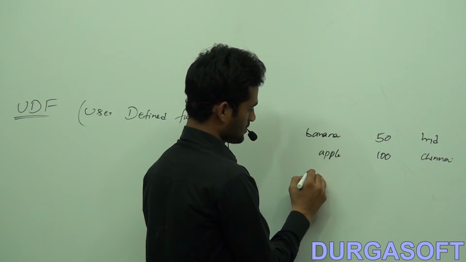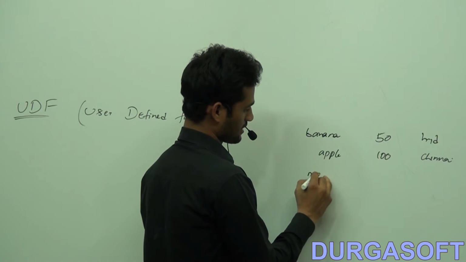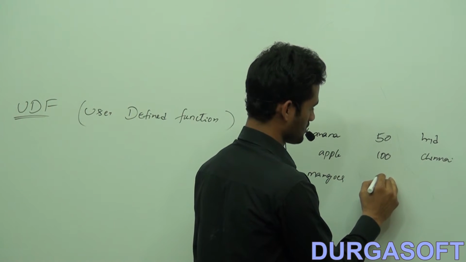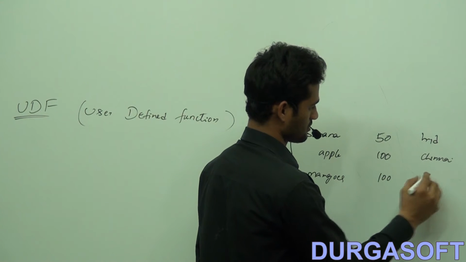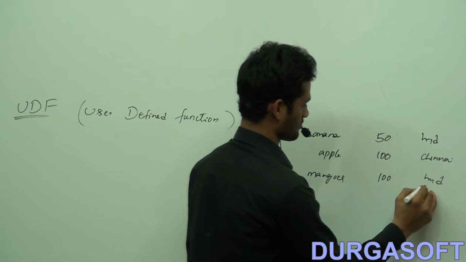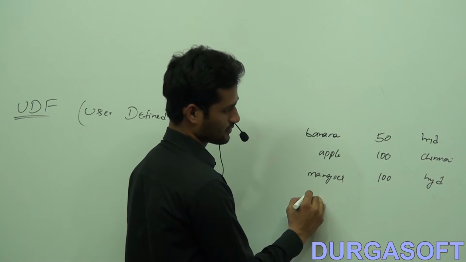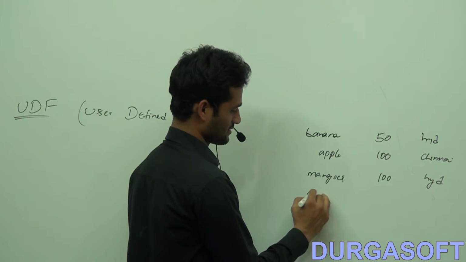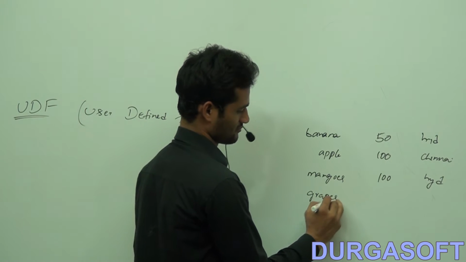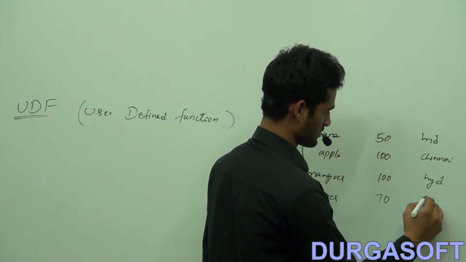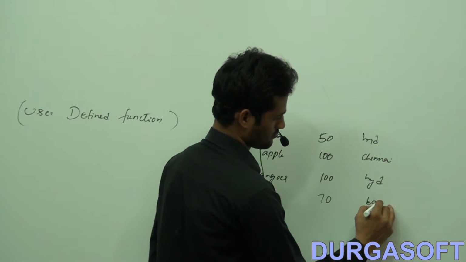Next, mangoes, again 100 rupees, and let's say Hyderabad. Some other name here, grapes.